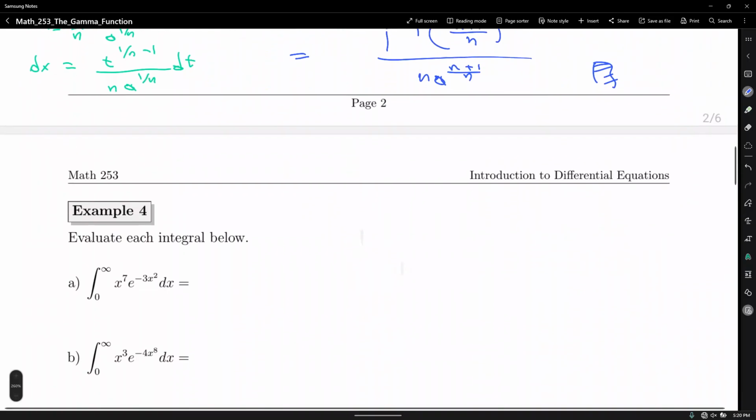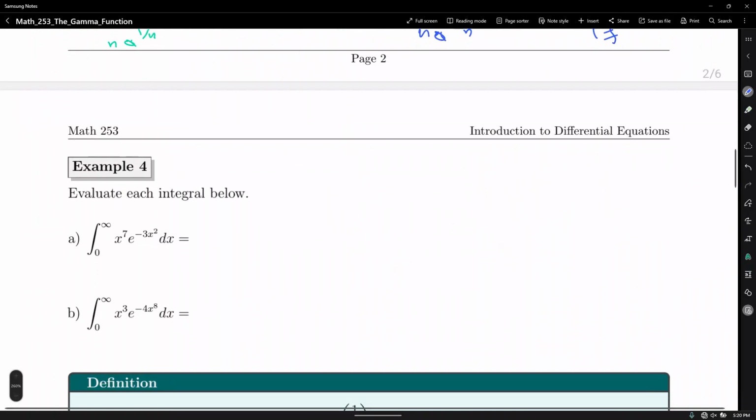Evaluate the integral from 0 to infinity of x to the 7 e to the negative 3x squared. Guys, you don't want to do integration by parts. I don't think it's going to be a fun problem. Instead, all we're going to do is identify three parameters.